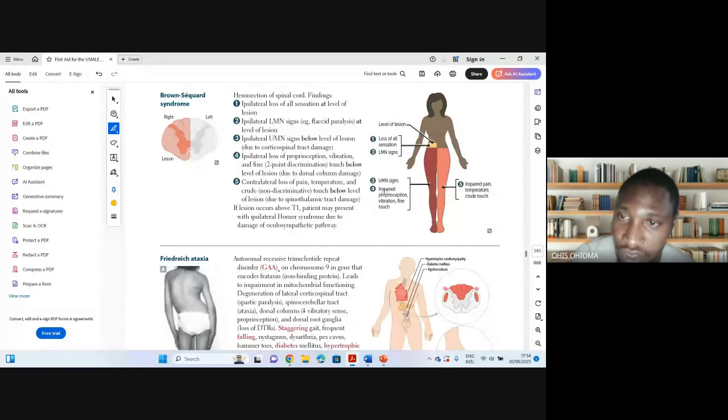But what happens here is that the parts that have already decussated in the brain, so it decussates at the medulla. So this is the brain, it is coming down. So let me draw this so that you guys can see.